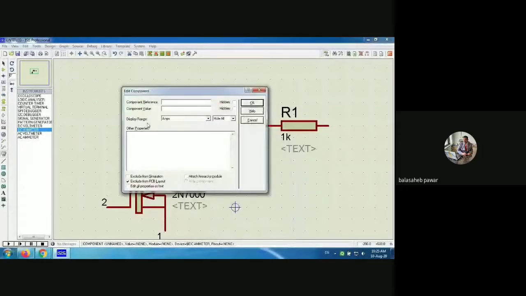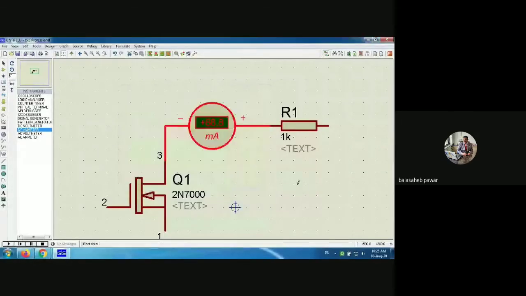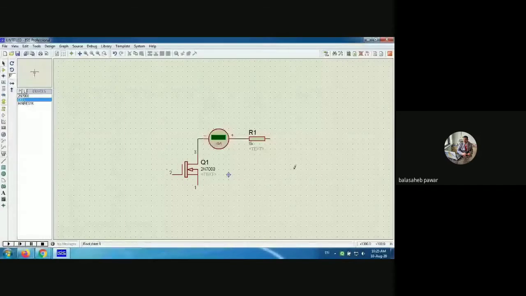Instead of amperes, I will select milliamp and say OK. Now that current meter will get converted into a DC current meter. Now the battery DC source, I will connect like this to the resistor, and this source terminal will be common.